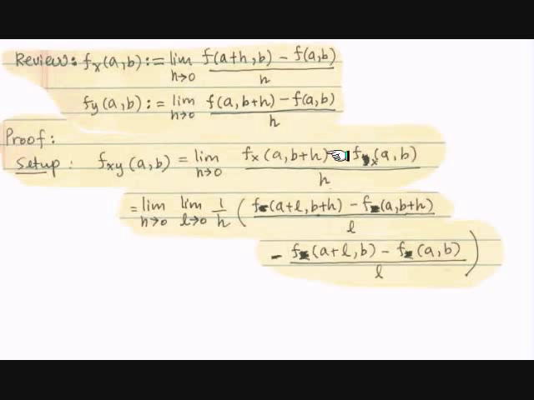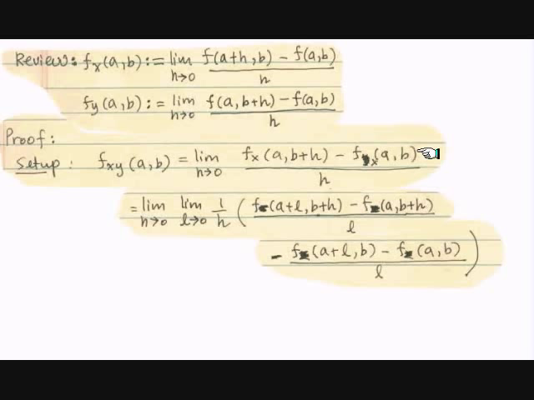Because it's an x derivative, the y coordinate, b plus h and b plus h, never changes. But the x coordinate is going to be something else, a different parameter, a plus l and a, and their difference l goes to the denominator. So this continues in the next line.